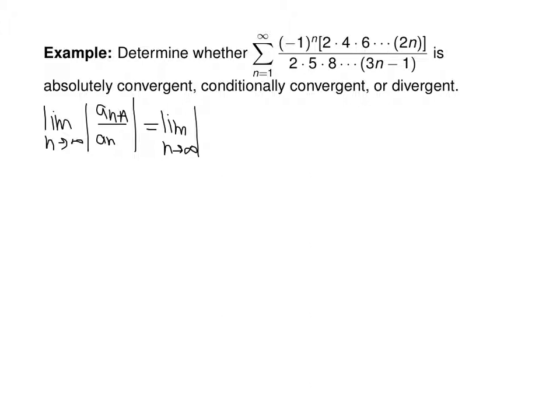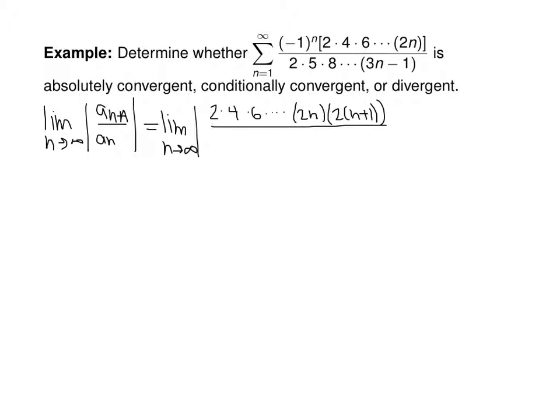So when I plug in n plus 1, I will have 2 times 4 times 6, and then 2n, and the next term will actually be 2 times n plus 1, or 2n plus 2.